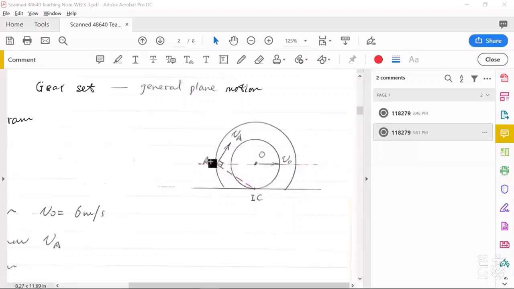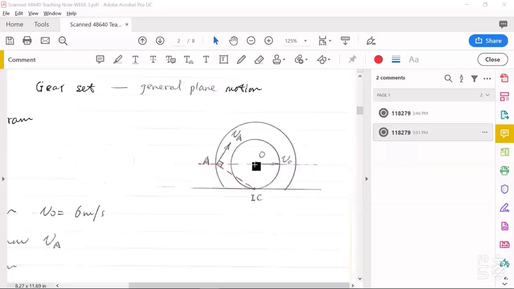Okay, the target here is the velocity at point A. Because we know IC is here, we connect point A and the IC point, we have one line, and VA must be perpendicular to this line connecting A and IC. But should this VA be upward or downward? It depends on the direction of the angular velocity of this rigid body.